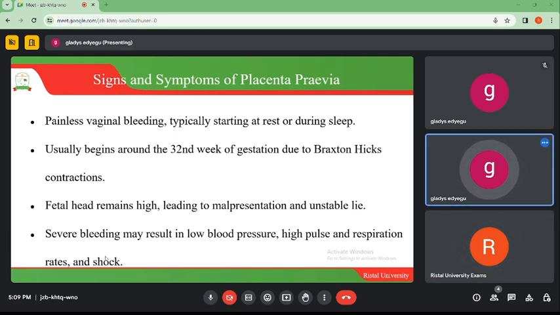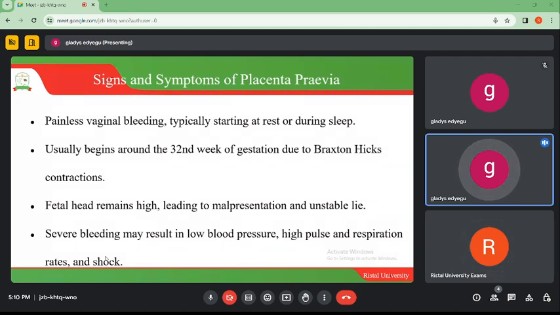These mothers do not feel pain when they are bleeding, they just experience blood and may not feel any pain at all. Sometimes they just wake up from sleep and realize they are in blood.